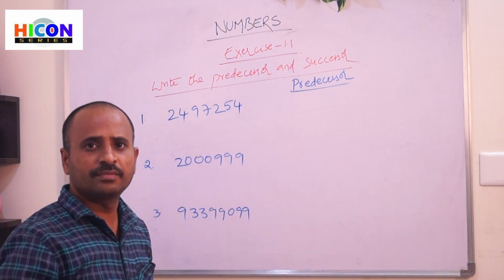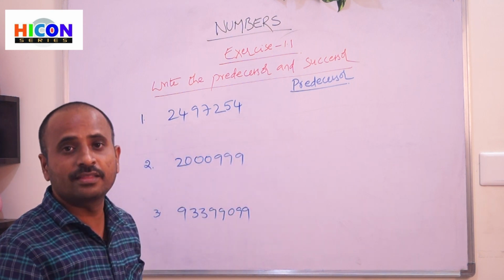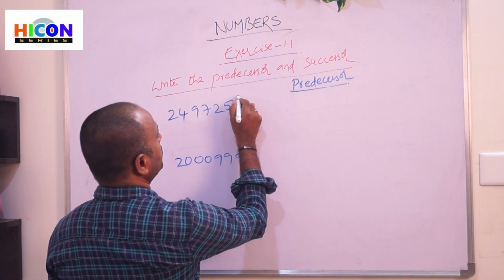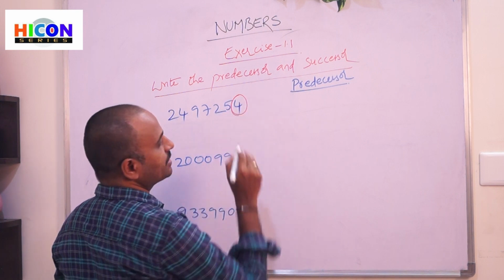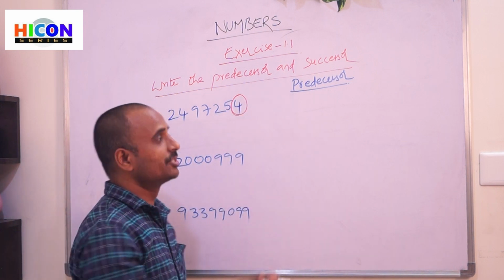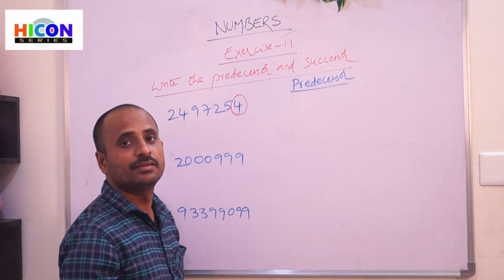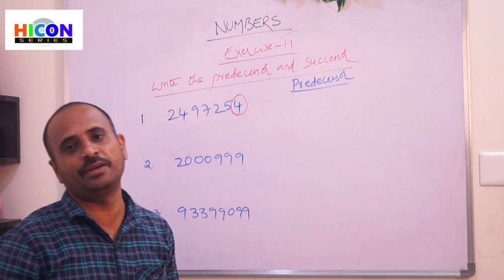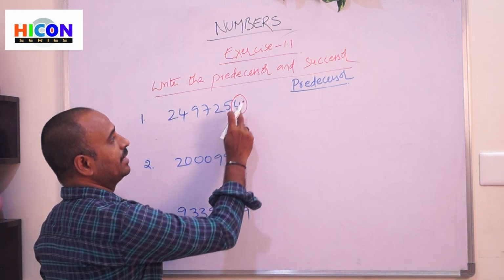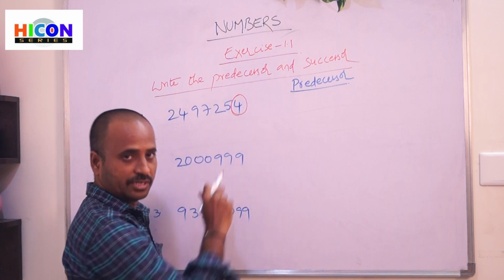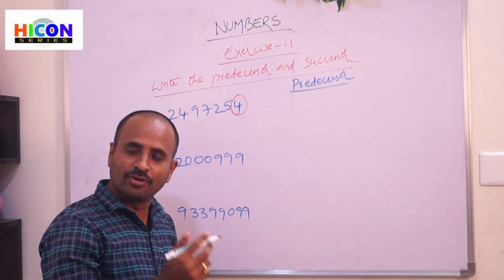Simply take the digit present in the ones place, that is, take the last digit, and write its before number.